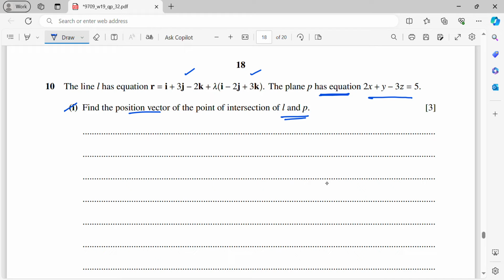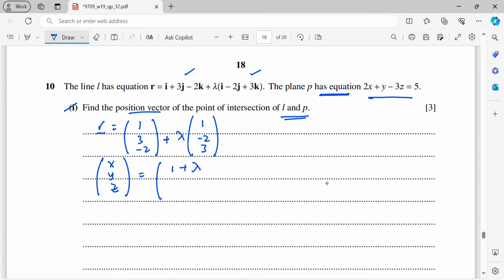So from the r, I will change to this form, which is 1i plus 3j minus 2k plus lambda of 1i minus 2j plus 3k. Then from here, I will change the r into x, y, z. So x, y, z equals, now open the bracket, it will be 1 plus lambda, then 3 minus 2 lambda, minus 2 plus 3 lambda.